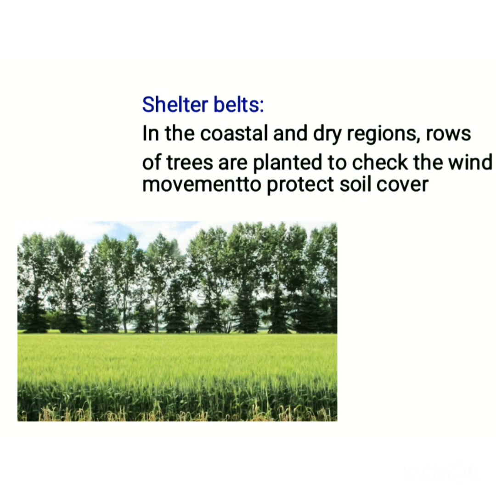It is not easy to do cultivation near the coastal regions and other dry regions without shelter belts. When more wind comes, it will carry the sand and destroy the crops. It will be difficult for the crops to survive. In this situation, shelter belts are a solution.